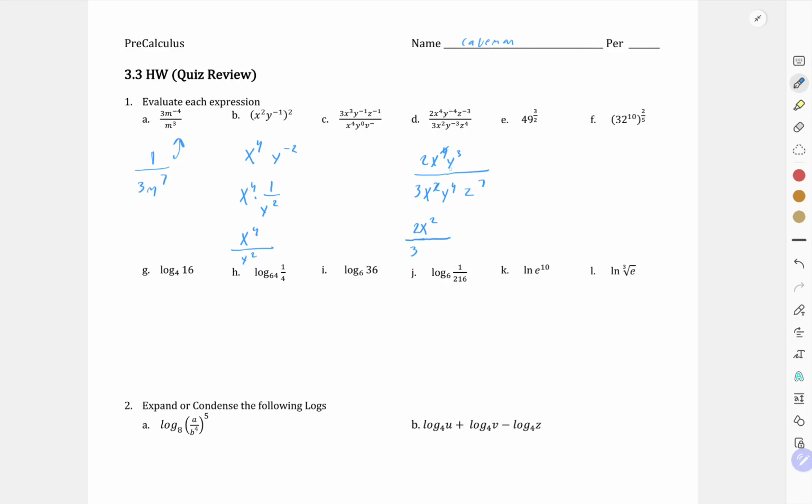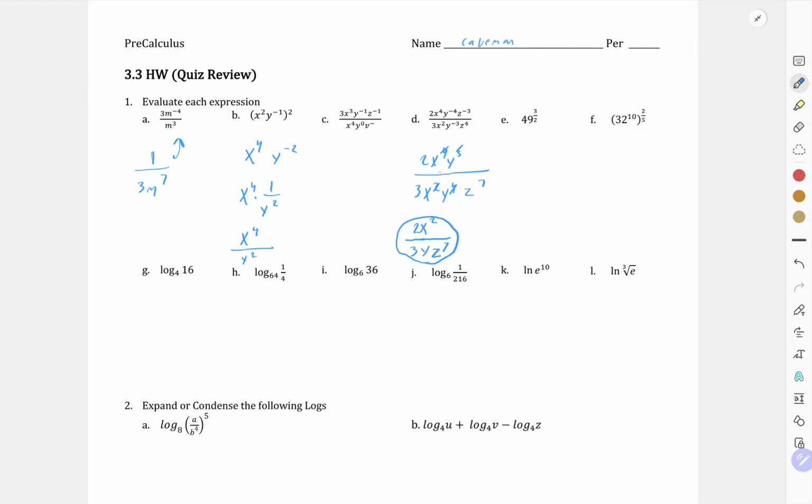We can just cross out the y. We have 1 y left up here, and there's a y to the power of 4 down here, and then z just stays down here because there's nothing to cancel it out with. So z7. This is our final answer because we simplified all the terms.